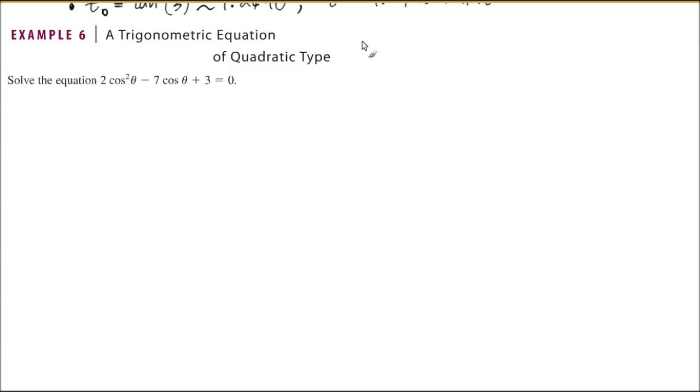Let me read out this equation. It's a quadratic type. I hope you see there's some squared involved. Let me restate this question like this. It means 2 cosine squared t minus 7 cosine t plus 3 equals 0. That's the equation we're looking at here.